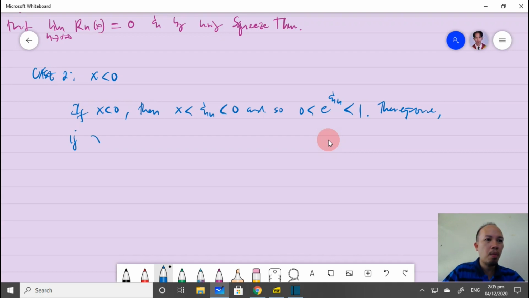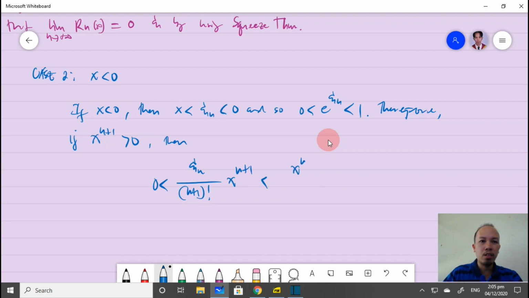if x to the n plus 1 is greater than 0, then this one here, our inequality, remember, psi sub n plus 1 factorial times x to the n plus 1 is less than x to the n plus 1 over n plus 1 factorial.